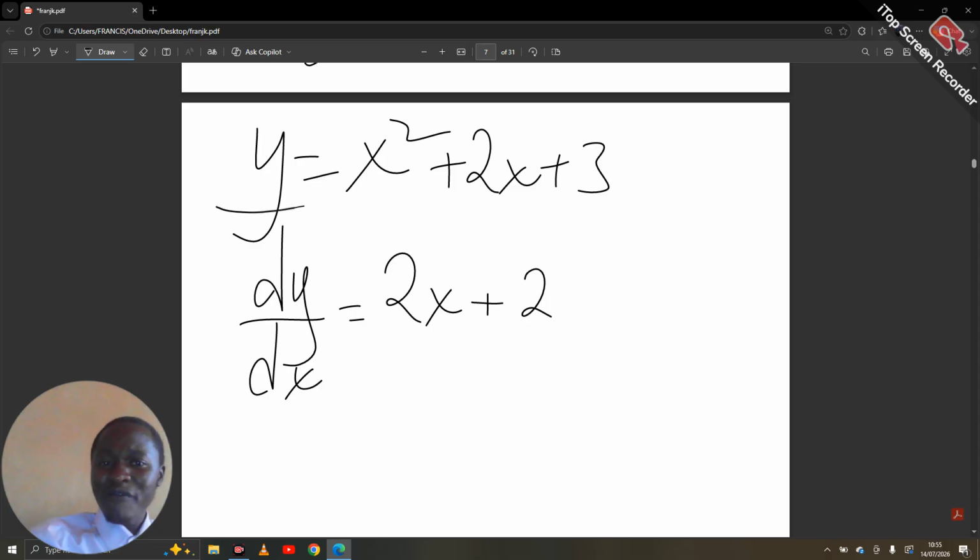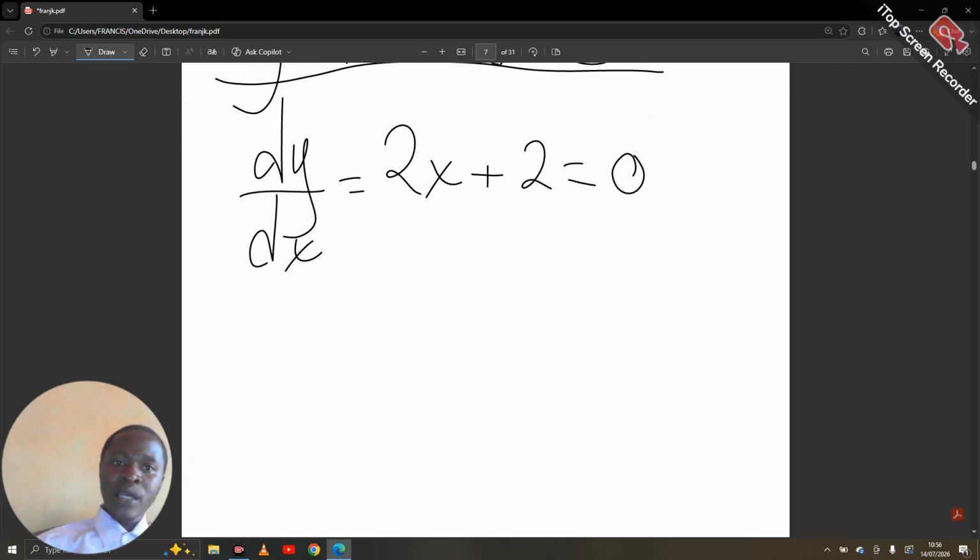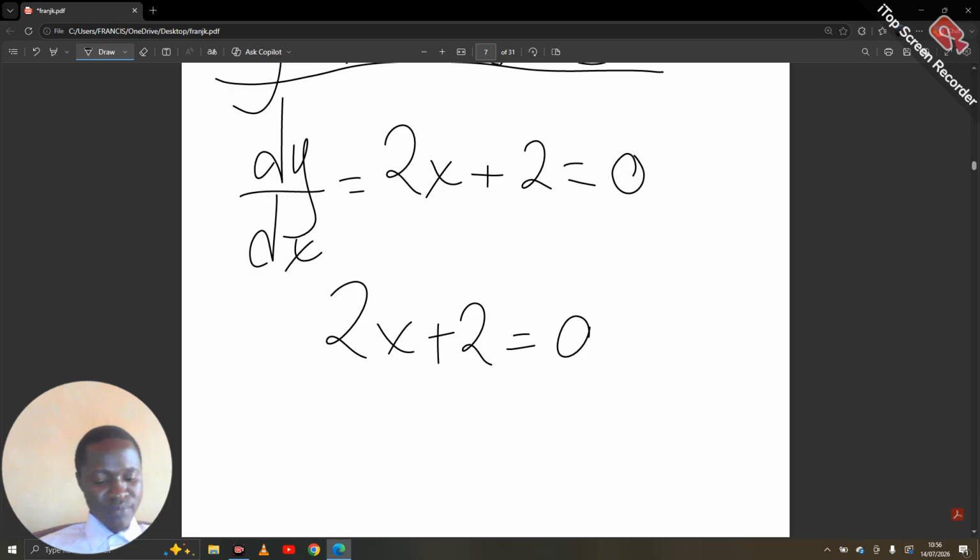So after differentiating this curve, we should equate it to 0, because that is what the topic stationary point itself wants a student to know. So already we've done the differentiation. We are having 2x plus 2 equals 0.